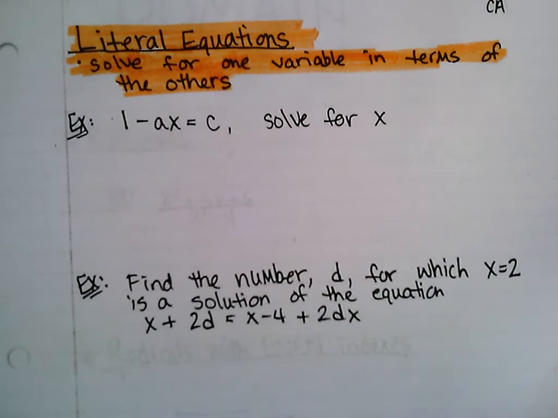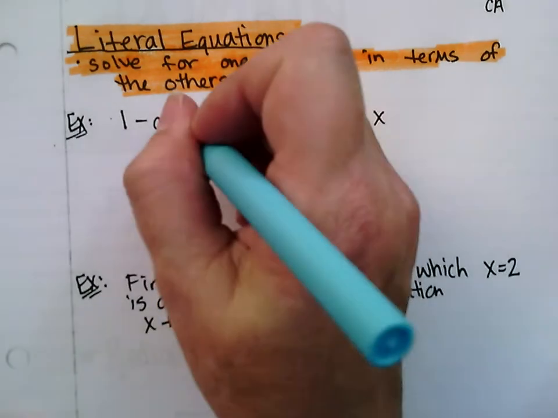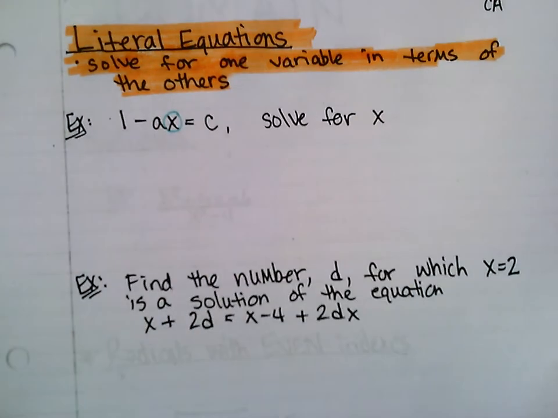So they're always going to tell you which thing you need to solve for. In this case, they want us to solve for x. So I need to get this x by itself. Remember also, when you are solving equations, you're basically doing order of operations in reverse. So I would want to start with my adding and subtracting to both sides and then move on to my multiplying and dividing.